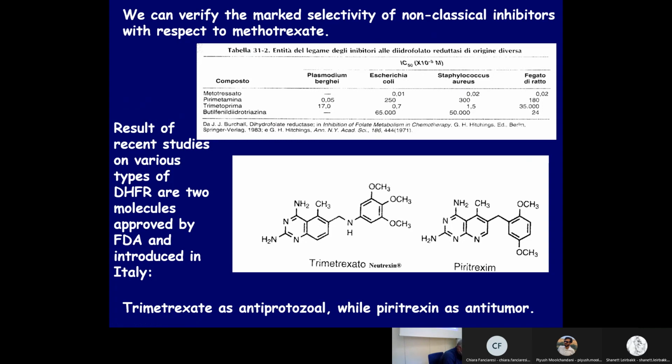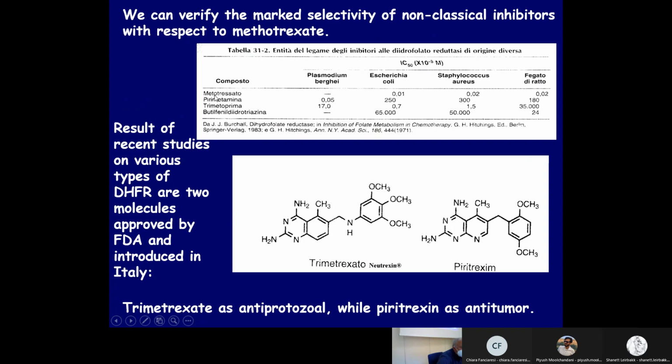Rat liver, you know, is a mammalian cell. This table is useful to understand the selectivity and the potency of this class of compounds, this class of inhibitors. You see the IC50 value 10 to -8 molar.